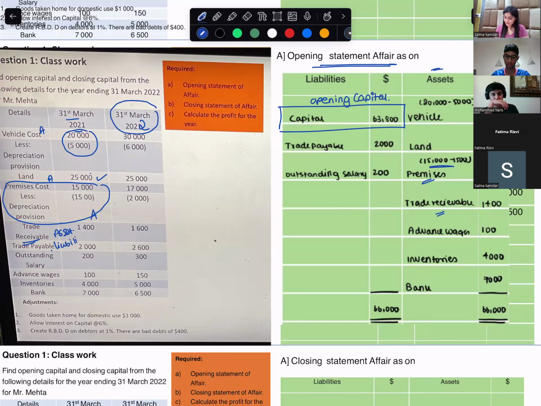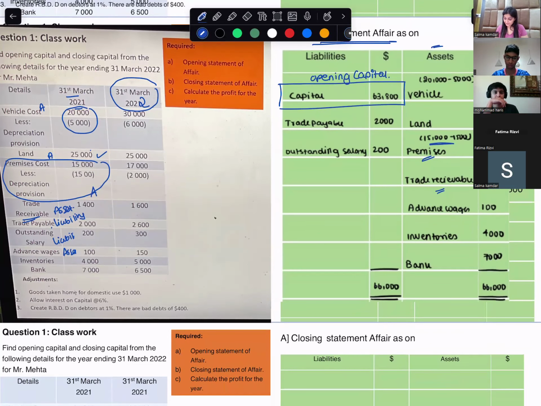Outstanding salary, asset or liability? Liability. Advance wages, asset or liability? Asset. Inventories, asset or liability? Inventory is a current asset. Bank, asset or liability? Bank is an asset.